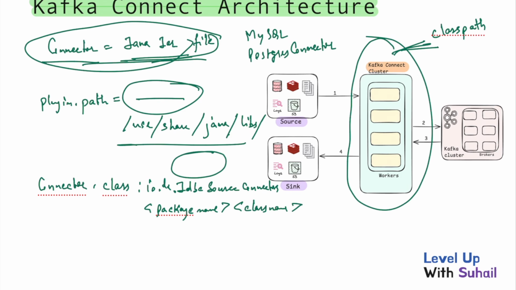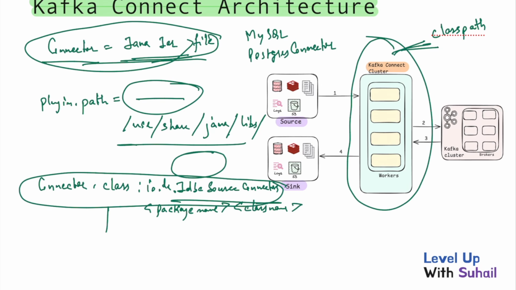So this is the connector which I specified that I want to use. There are standard APIs provided by Kafka Connect. For any connector to act as a source connector, it has to extend or implement a few methods. If it is a source connector, this class has to extend the SourceConnector class and implement a few methods, and similarly for the sink connector.